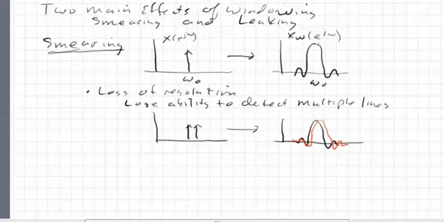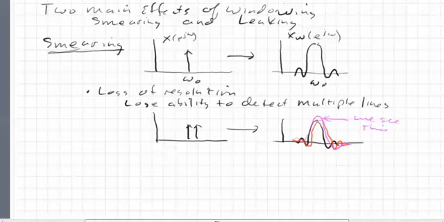Actually what we see are not those individual ones, but the superposition, the addition of both of those things. So this is what we see, and we've lost the ability to resolve these two lines.